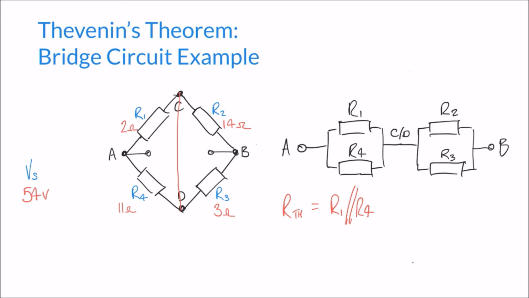If you're not sure about calculating resistors in parallel, we've got a video on that much earlier on if you want to go back to that. Plus R2 in parallel with R3. Calculating the result of those resistors gives me a Thevenin resistance of 4.163 ohms. So that's our Thevenin resistance there.